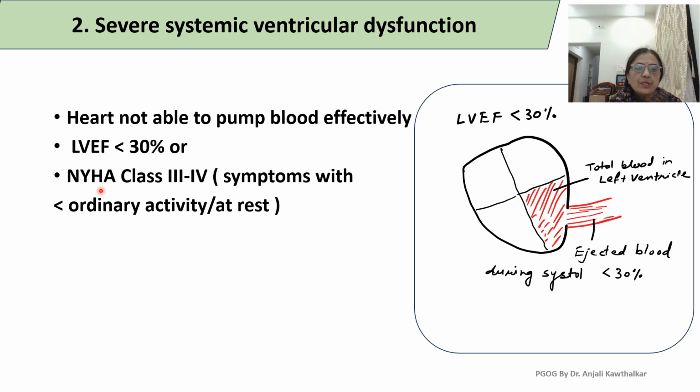Or secondly, if the patient has NYHA class 3 or class 4, that means symptoms with less than ordinary activity, or symptoms at rest, that is class 4, then also it is indicative of heart failure or severe systemic ventricular dysfunction. If it is present like this, unless the patient improves, she should not plan a pregnancy, or if she conceives with these findings, then we should consider an option of medical termination of pregnancy.